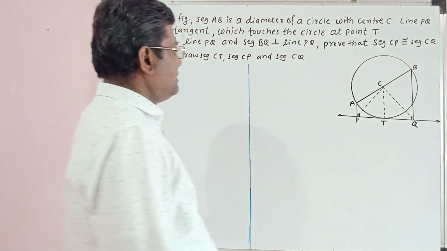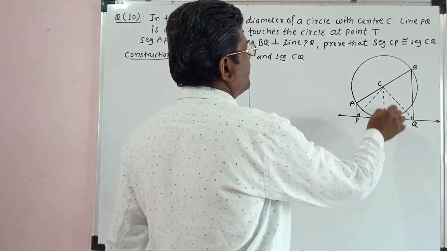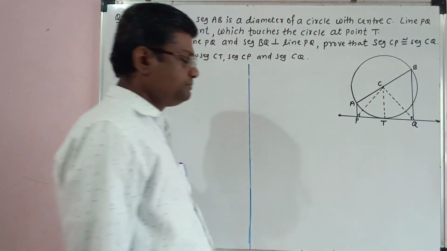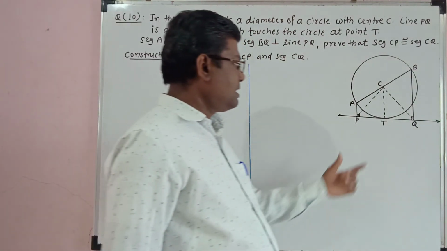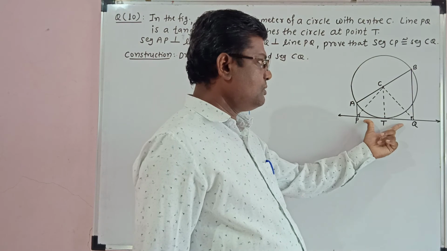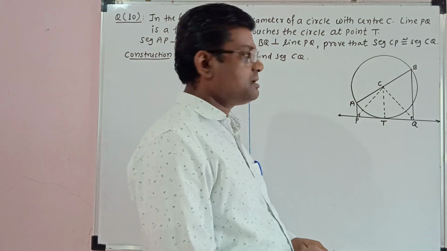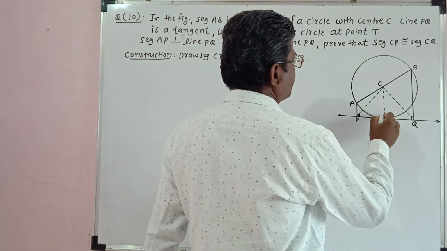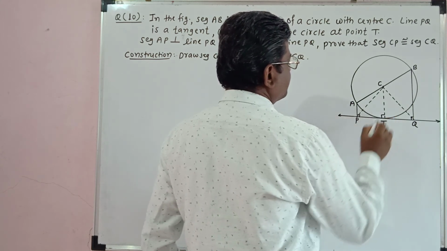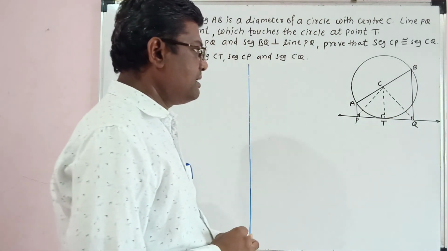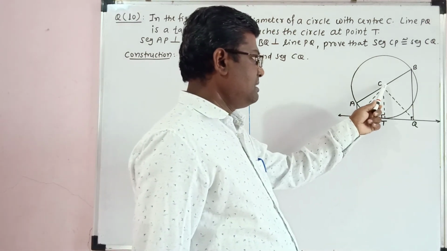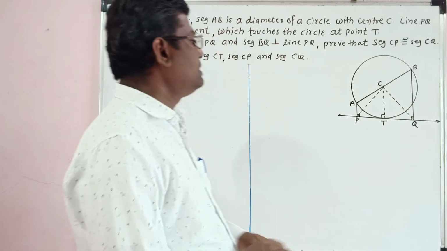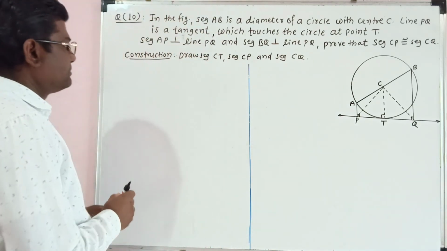Here is the construction. Draw segment CT, segment CP and segment CQ. Now let's see. This line PQ is a tangent to the circle and segment CT is a radius. Therefore this angle is 90 degrees. Therefore segment CT is perpendicular to line PQ.